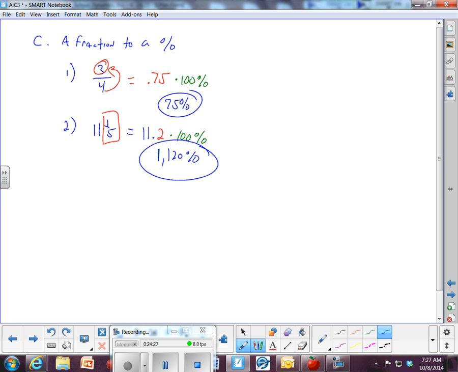Okay. 1 is 100%, 2 is 200%. I'm looking at this front number. 3 would be 300%, 4 would be 400%. So 11 would be 1,100%. And then you got the 1/5, which is an additional 20%. So you can have over 100% in problems like this, and that's the way that works.